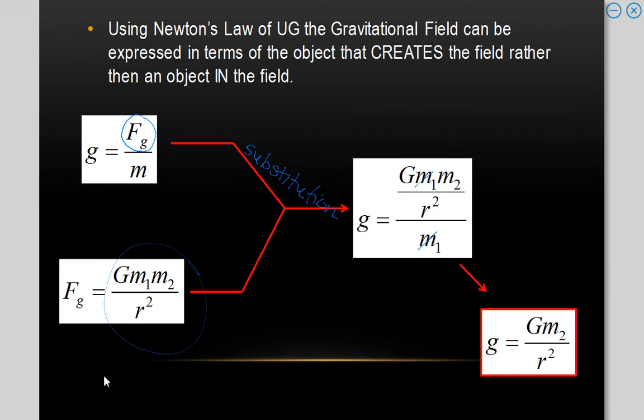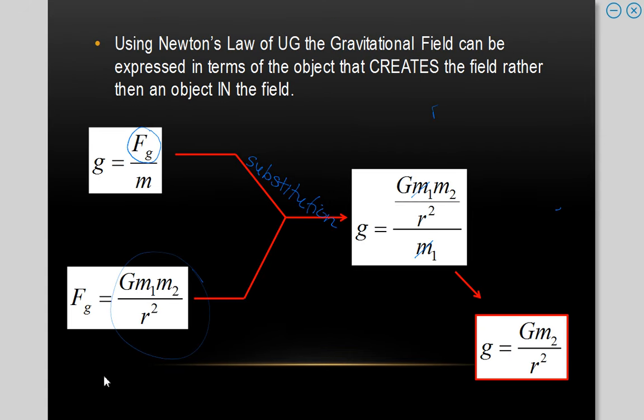Okay? So let's think about if we were doing the Earth and the Moon, and the force between those two. Then we would be interested in the gravitational field strength of the mass of the Moon, because the mass of the Moon would be the test object.